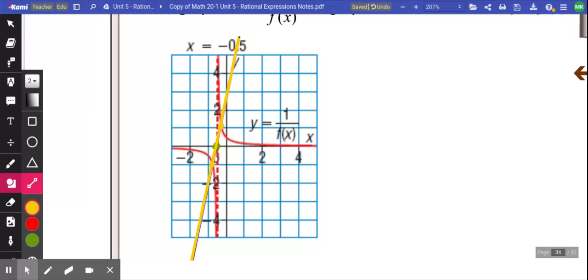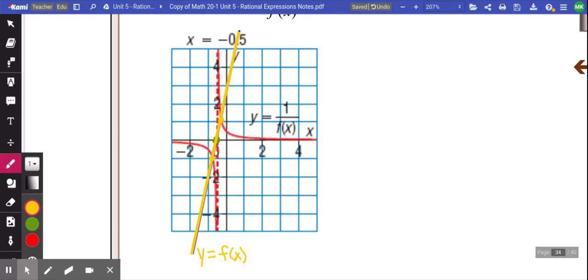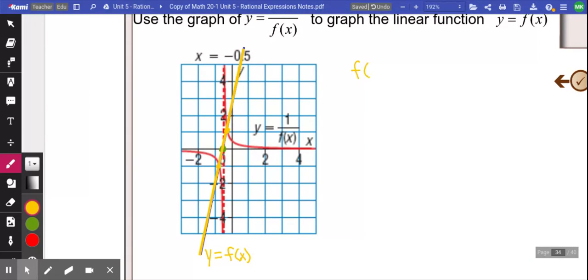That would be what's on the bottom of an equation. So that would be f of x, which we know is linear. It's a straight line. So f of x would be y equals mx plus b.